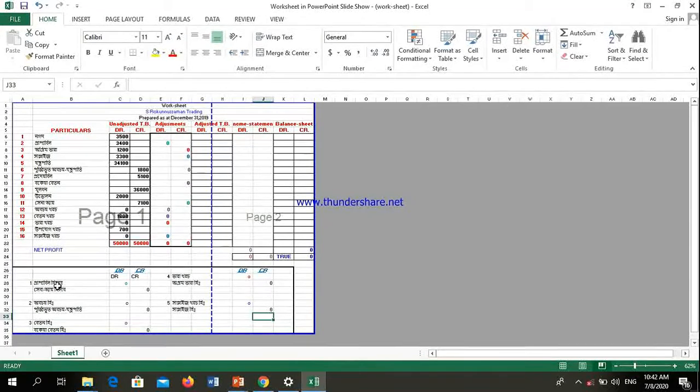Here, accounts receivable debit, service revenue credit. We have already mentioned it. How much amount? Taka 100 there. Am I right? Taka 100. Look, here all figures are blank, or I put zero in the adjustment area.